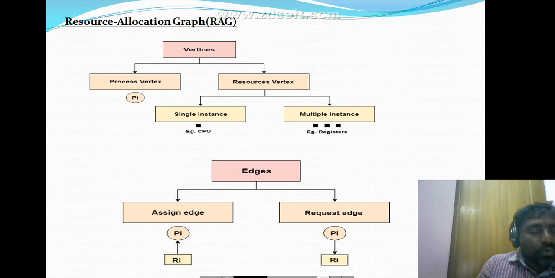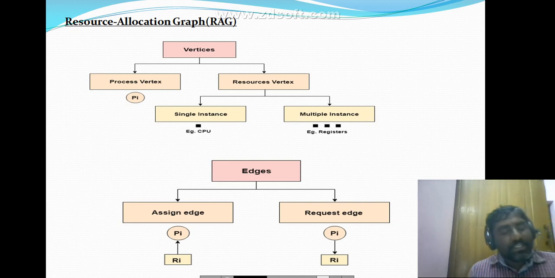If the arrow goes from the process towards the resource, we call it a request edge, meaning the process is requesting the resource. This is the assigned edge and request edge.